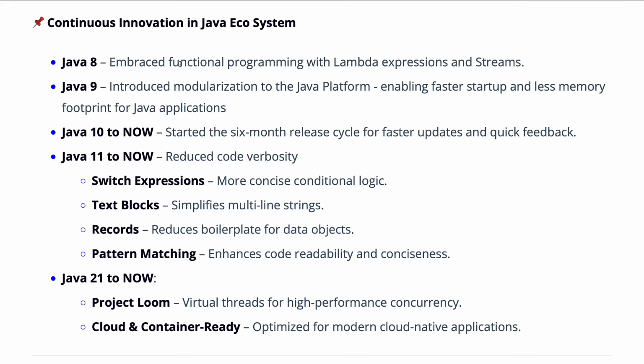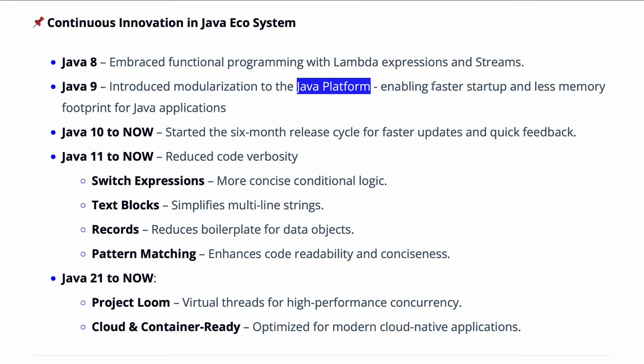And functional programming has been enhanced further in the future releases of Java as well. In Java 9, the entire Java platform was modularized. You can break up the JDK into multiple modules. You can choose which modules to make use of. This would ensure that your container size is low.